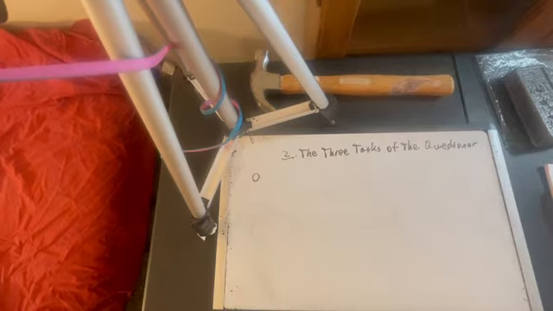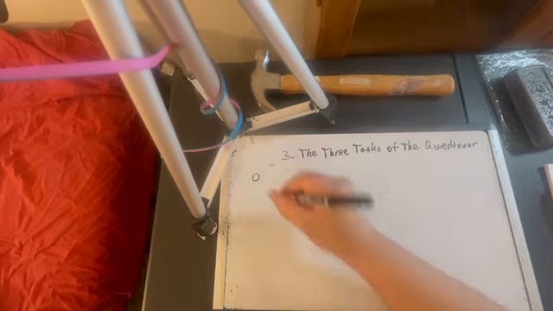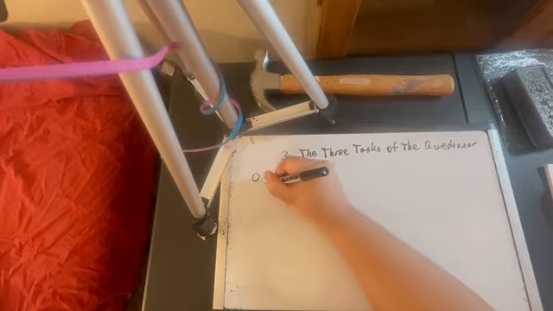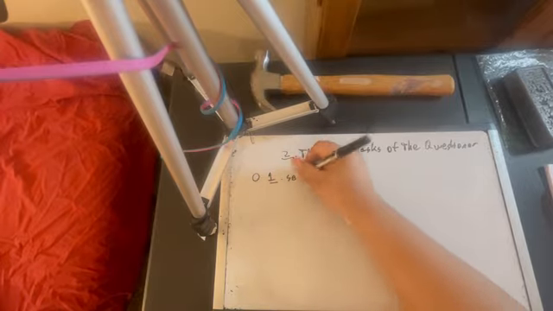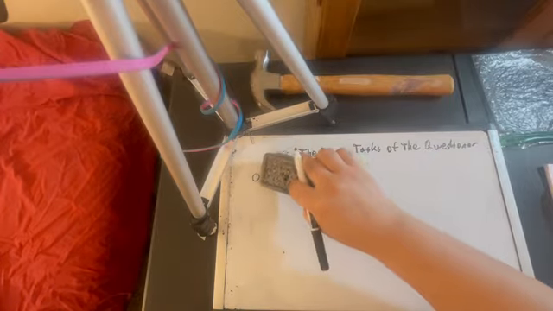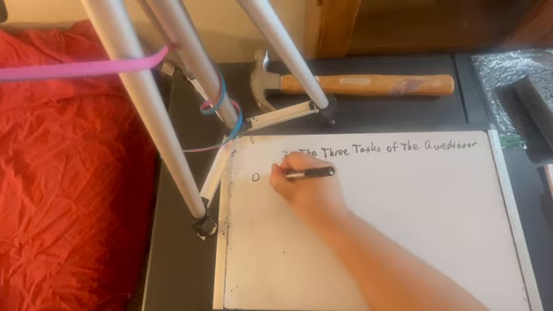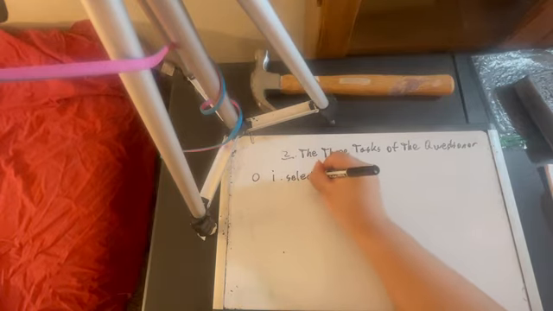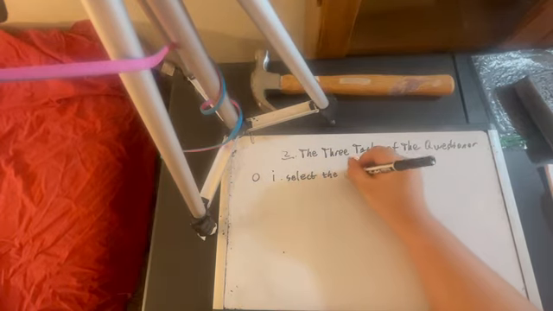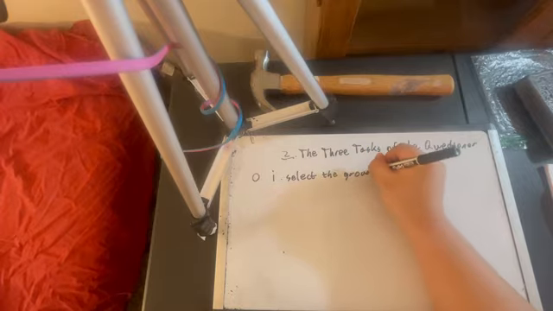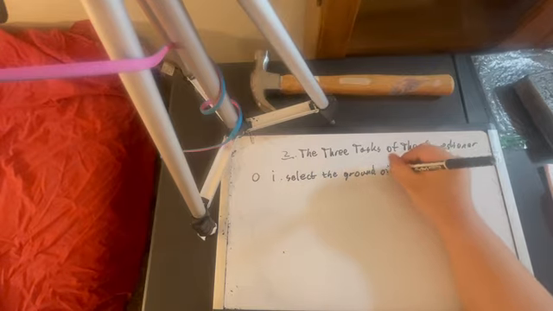Aristotle says the questioner must do 3 things. First of which, select the ground of attack.